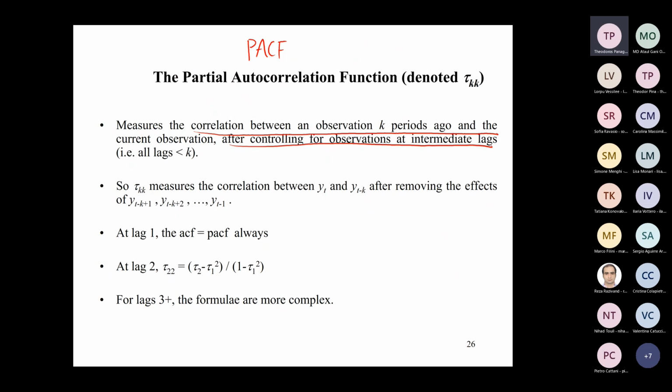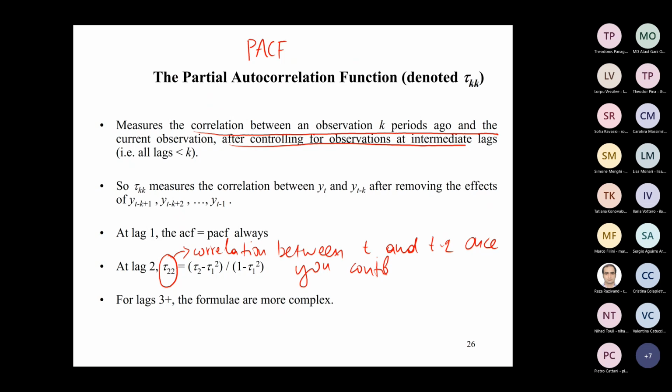So, for instance, at lag 2, tau 2, this is the correlation between t and t minus 2 once you control for t minus 1.